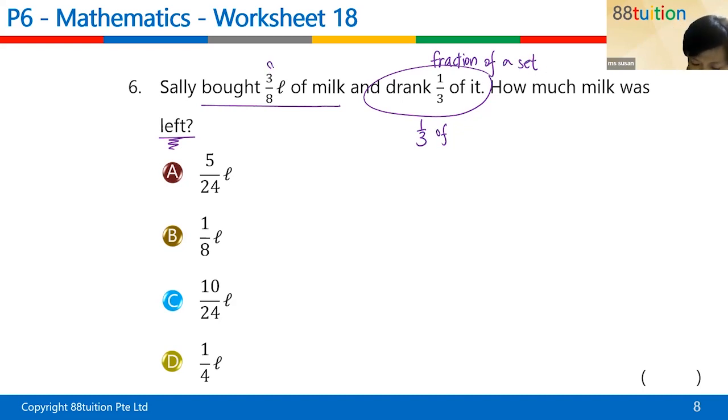Which set is it talking about? The capacity of 3 out of 8 liters without units. Hannah is correct. So 1/3 multiplied by 3/8, you will get technically only 1 out of what? 2/3. Sorry, this one is called so-called. What is this? 1. Oh, left. Then actually, what you can do is you find 2/3 straight away.